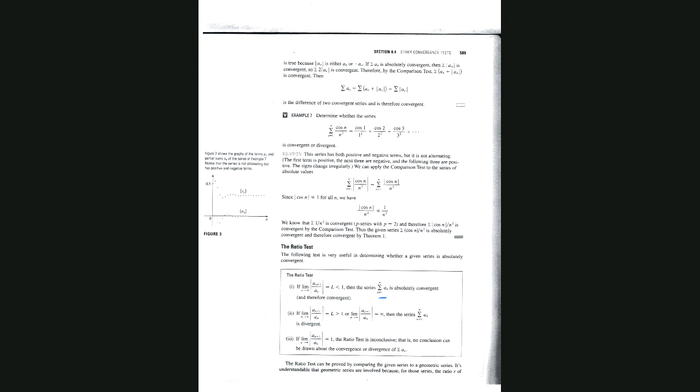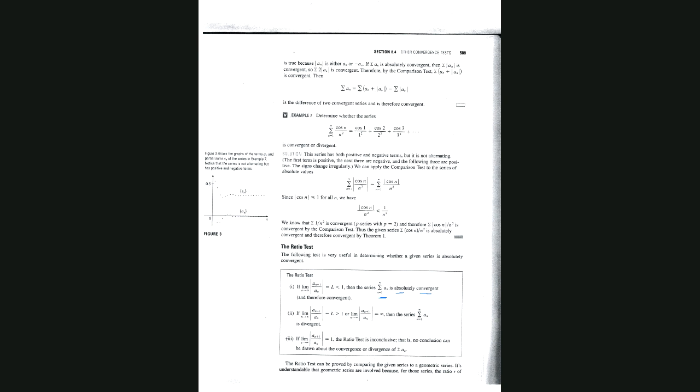If the limit of the n plus first term divided by the previous term is equal to L, and that's less than 1, we say the series is absolutely convergent, and therefore convergent. Because what we're doing is considering the absolute value of the terms of the series.